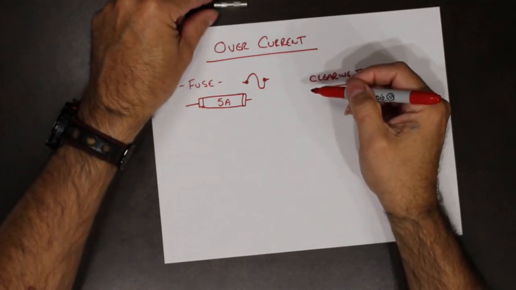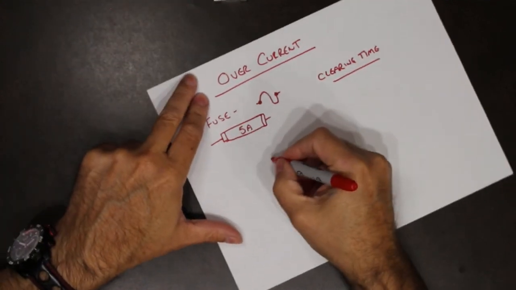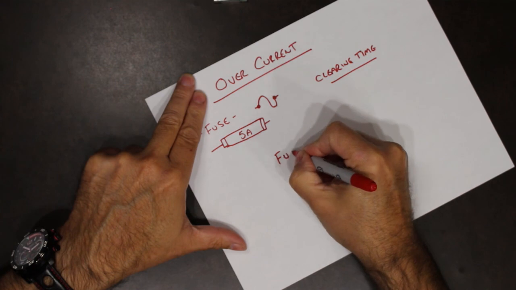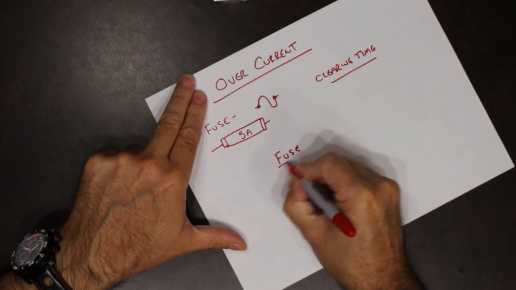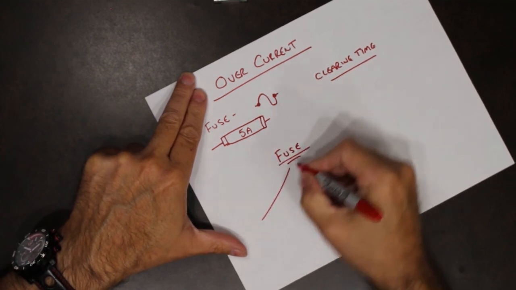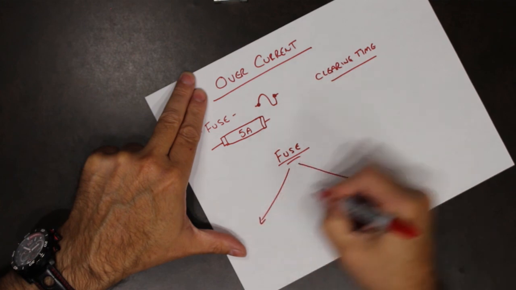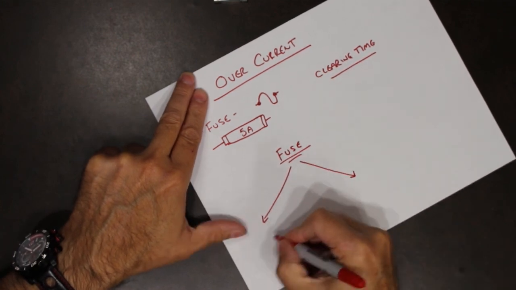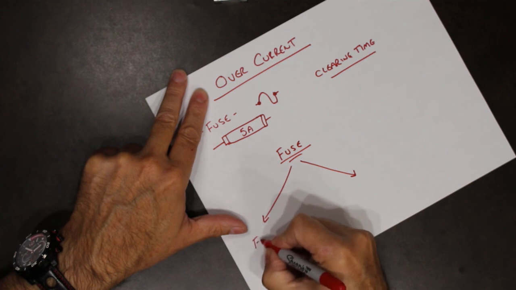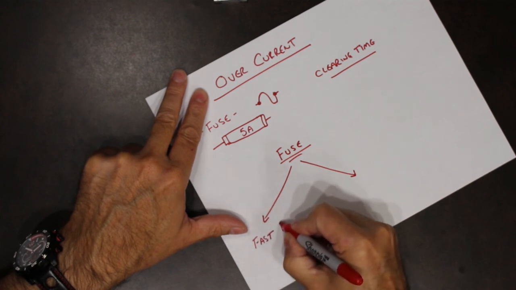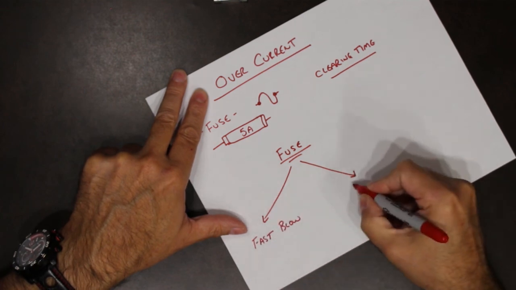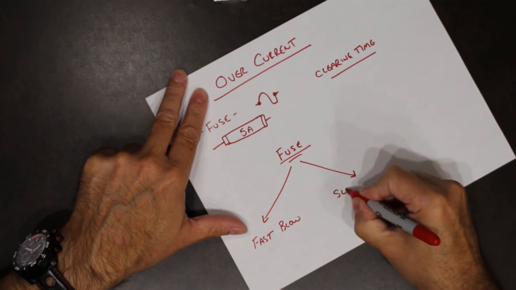There are typically two types of fuses. They come in many styles, but they fall into two different categories. One is called a fast blow fuse, and the other is called a slow blow fuse.